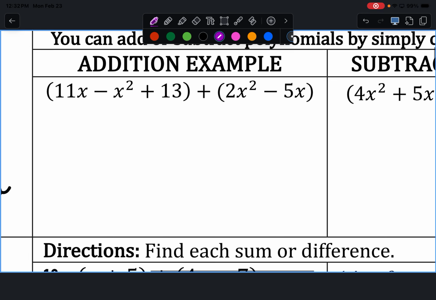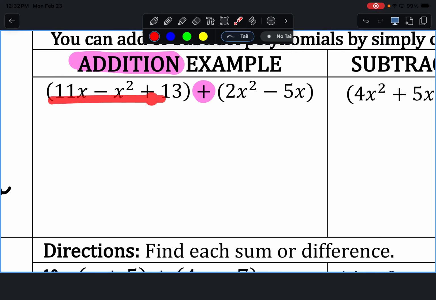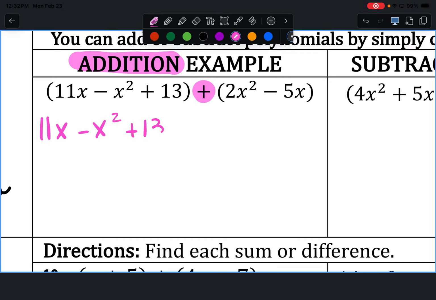So when we look at the addition example, okay, we are adding 2 different polynomials together, okay? The first polynomial, what we are going to do is we are just going to bring down the first polynomial. It will stay the same, yes. So we have 11x minus x squared plus 13.